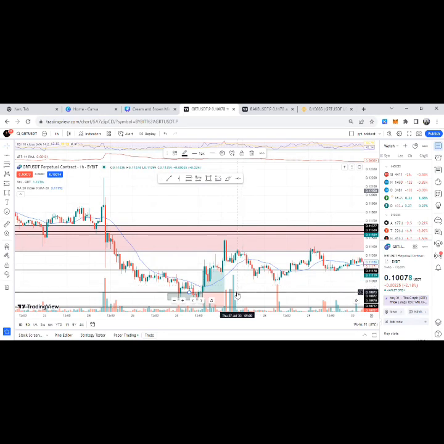If you are saying, okay, wait, let it drop before I enter, that is a limit order. But if you just see that this price is already around my entry point and I don't want to miss it, you just want to enter straight up, then you use a market order.